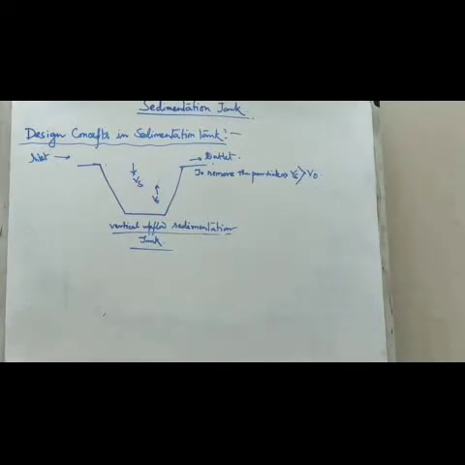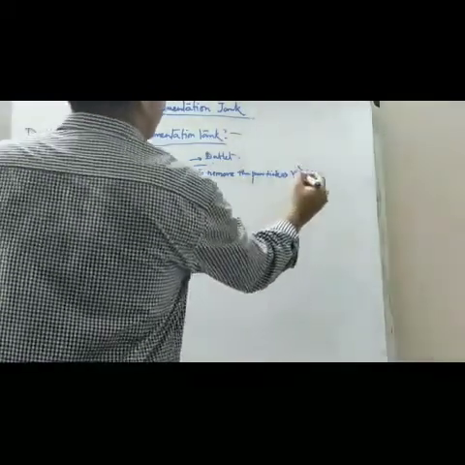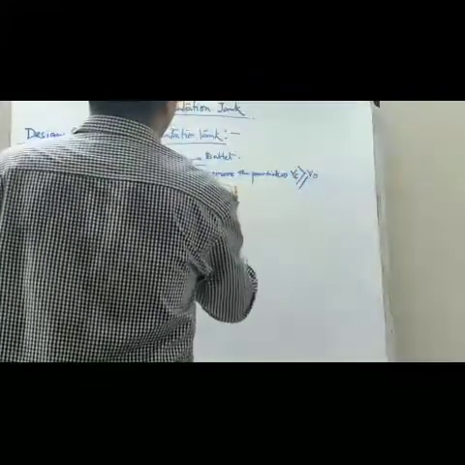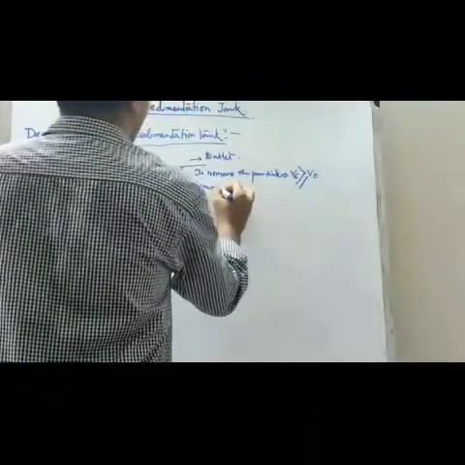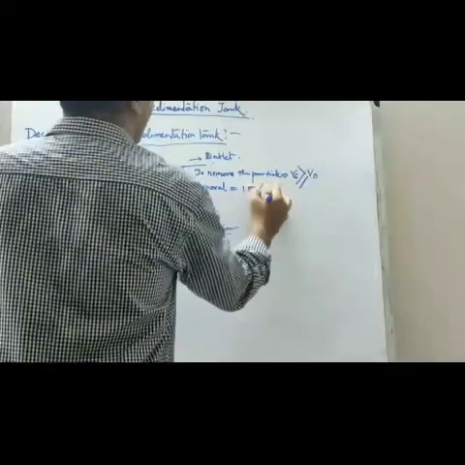That is why Vs is greater than V0. In other words, Vs should be equal to or greater than V0. If this happens, then one would expect 100% removal, which is an ideal condition.